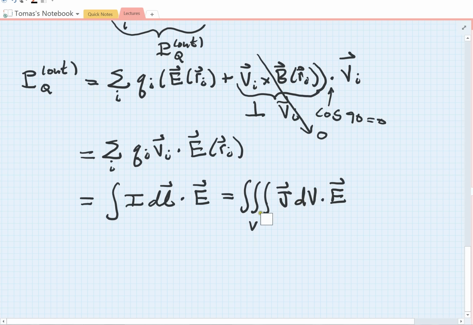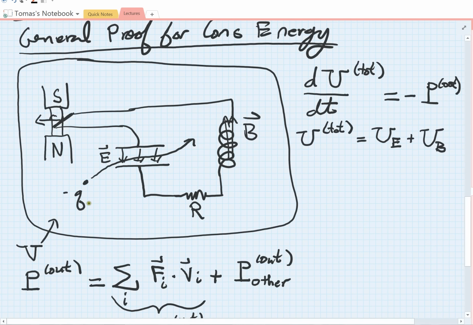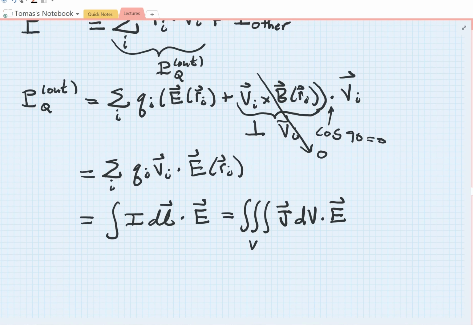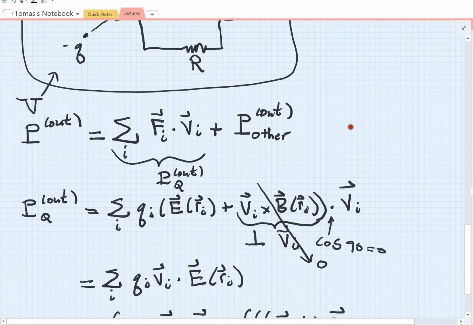So our plan is going to be to integrate over our volume the dot product of the current density J dotted with the electric field, whatever current densities might exist in our various wires, our resistors, our capacitors, anywhere within that given circuit.